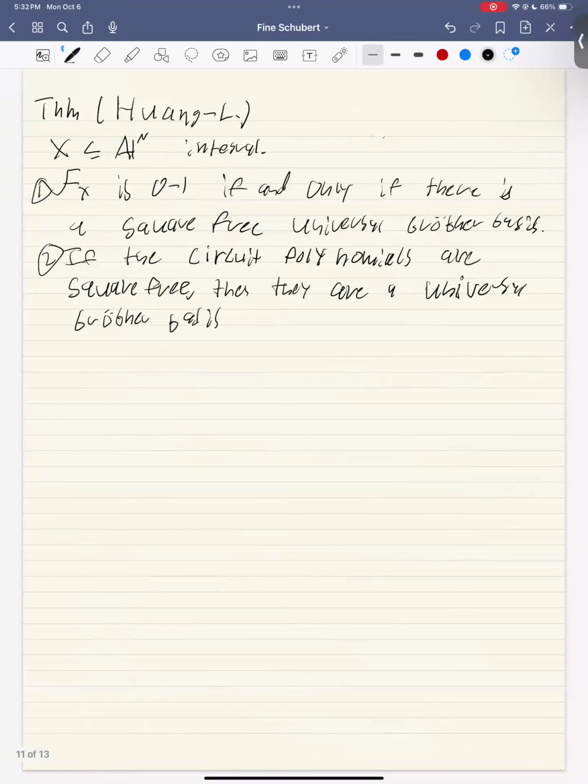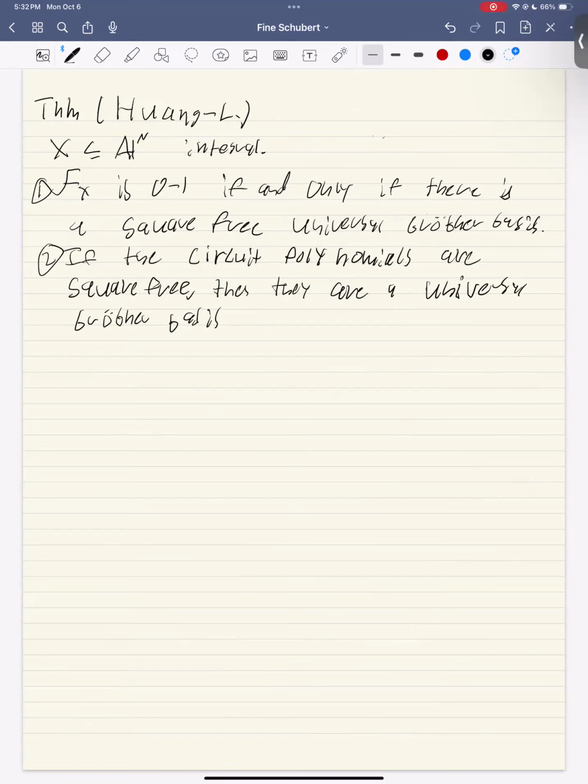And so we prove the following criterion for something to be a universal Groebner basis. Suppose you have an integral subvariety of affine space. Then the coefficients of the fine multi-degree are all equal to either 0 or 1 if and only if there's a square free universal Groebner basis.